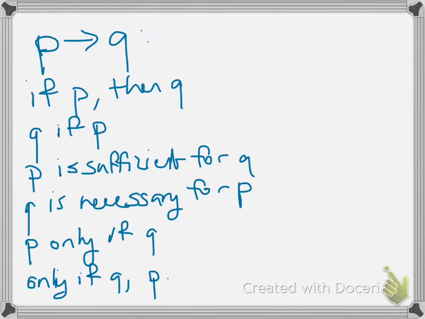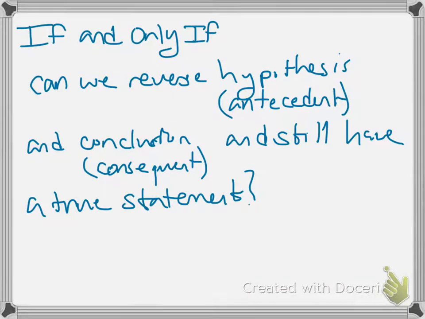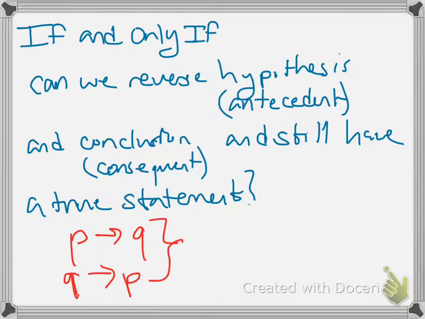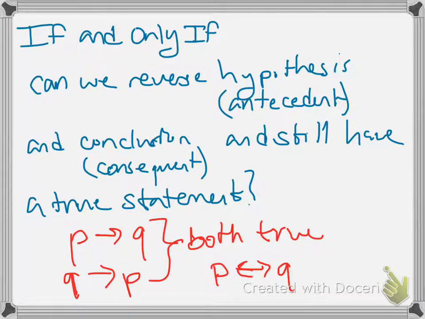So only when we're dealing with statements where both if P then Q, and if Q then P are true, then we can write it as P, double arrow, Q. P, if and only if Q. And that's called a biconditional.